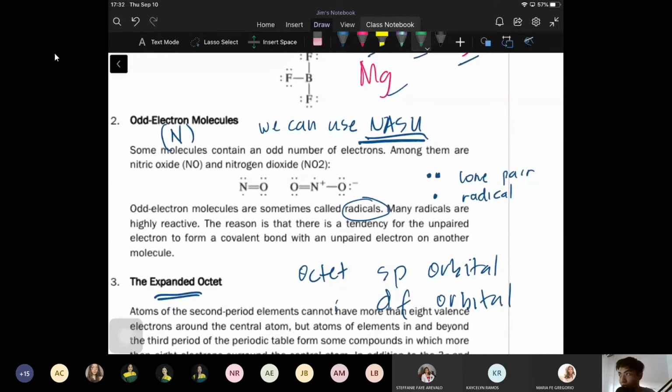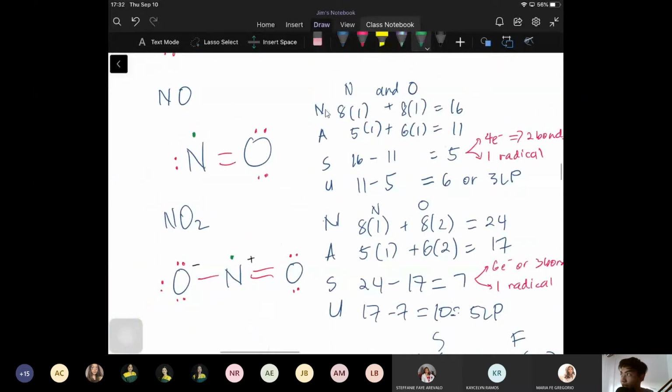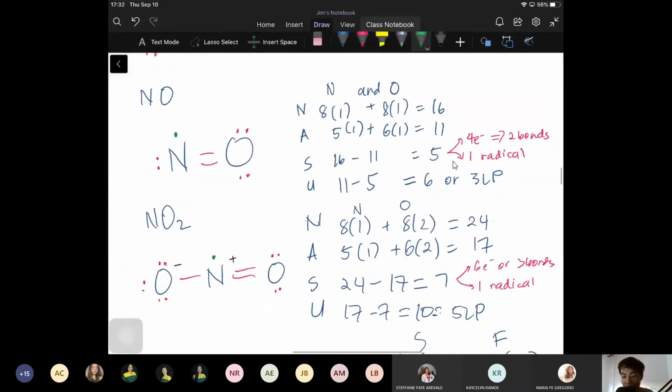If you have nitrogen, mag-NASO rule ka pa rin. So you can still use NASO rule. If the available and the shared electrons are odd numbers, that means yung isa doon ay radical. We represent radical as single dots. So usually we place the radicals sa dulo after placing the lone pairs.